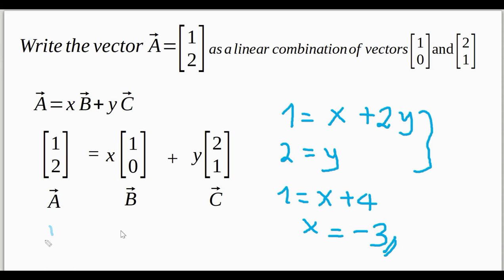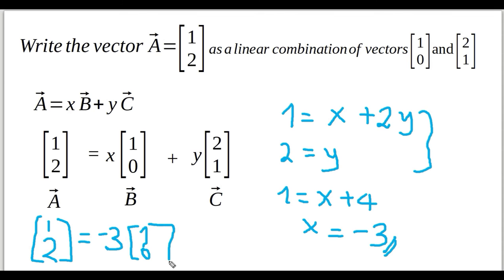The vector (1, 2), which is the vector A, is equal to x, which is minus 3, times the vector B, (1, 0), plus y, which is 2, times the vector C, (2, 1).